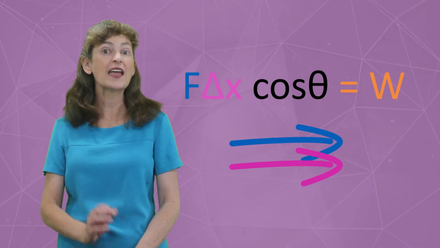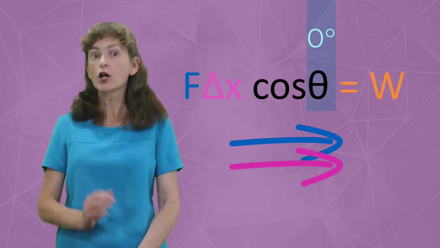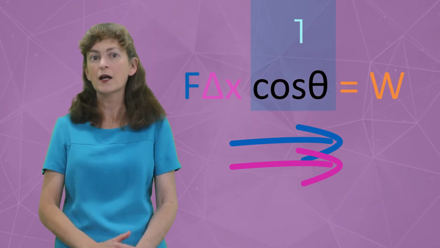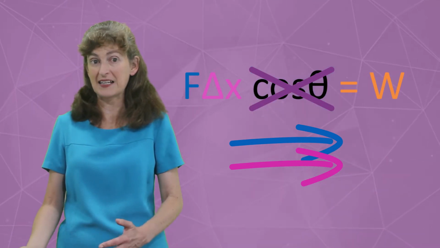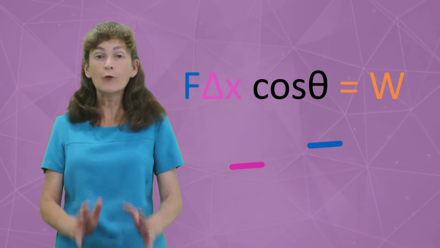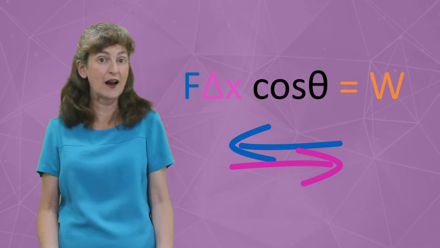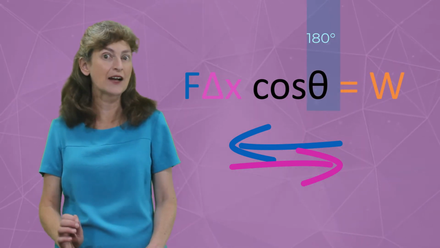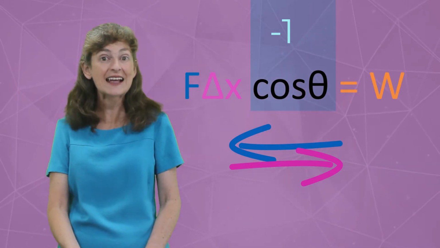If the two are in the same direction as one another, then theta is 0. Cos 0 is 1. So this equation simplifies to work equals force times displacement. If force and displacement are in opposite directions to one another, then theta is 180 degrees. Cos 180 degrees is negative 1.